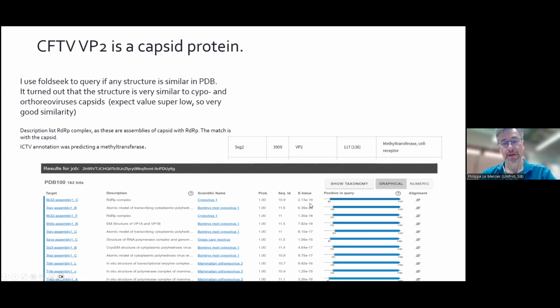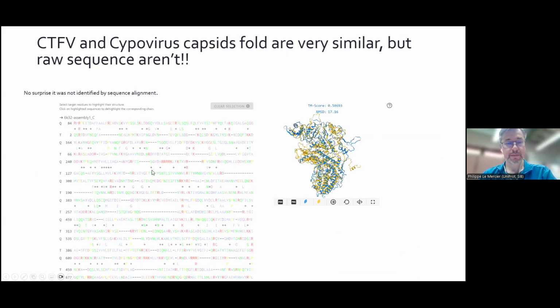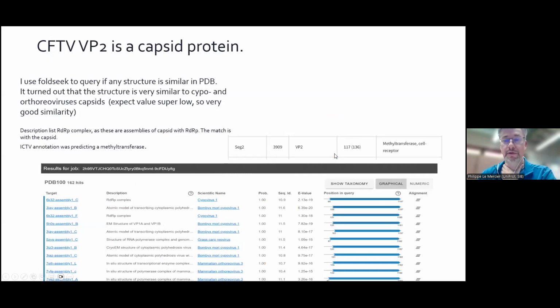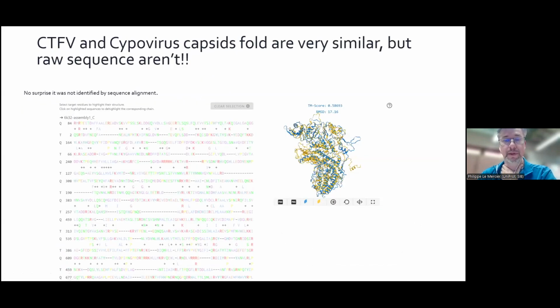So that's pretty fantastic because look at the sequence alignment. Nobody would have believed that these 2 proteins would be the same, between the Stipovirus and the Colorado tick fever virus, but actually the structure folded and predicted by AlphaFold 3 is extremely similar because you see we have an expected value of 10 to the minus 19, so there is no question that there is really homology there.